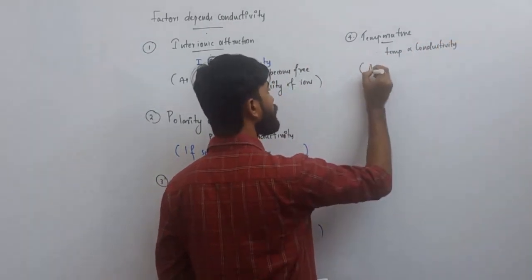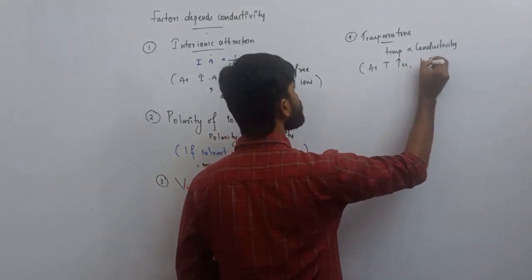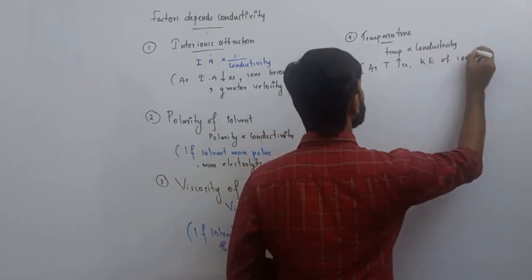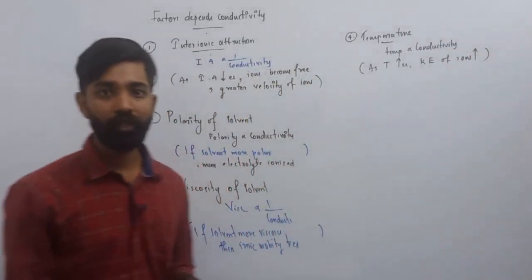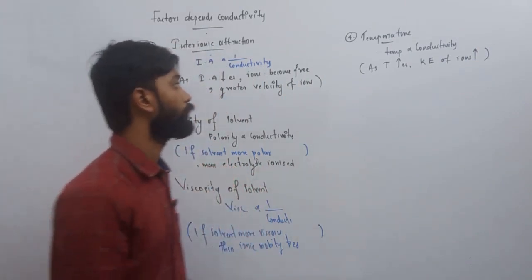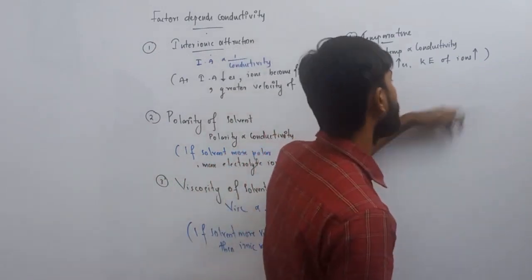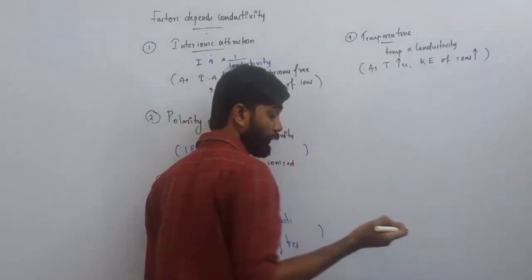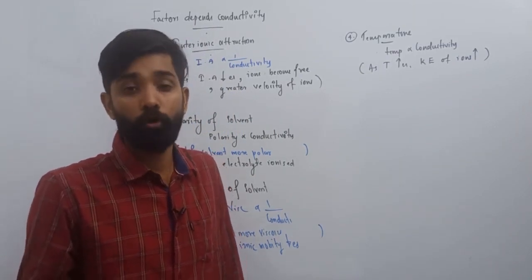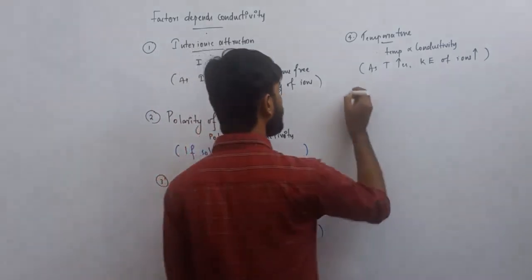Because as temperature increases, the kinetic energy of ions, which means their mobility, increases. We know that temperature is a function of kinetic energy. So as temperature increases, the kinetic energy of ions increases, which means ions are more mobile, or have greater freedom to move, which means conductivity increases.